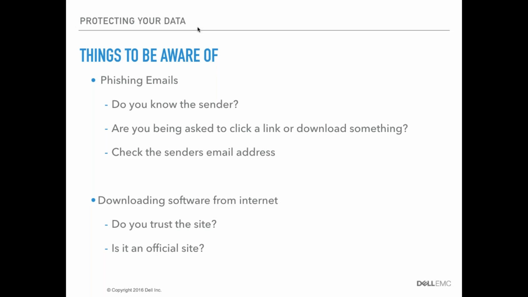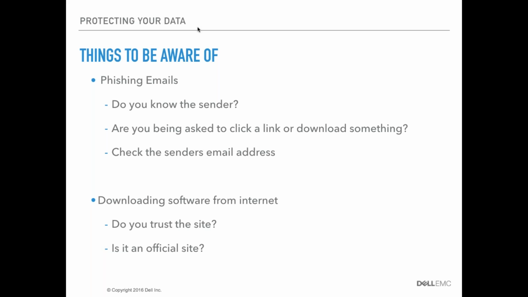Also bear in mind that that person's account could have been hacked using one of those weak passwords. And now they've sent a phishing email to you, and you think, oh, this is my friend, I know them, fine, I'll click on that link or download something.